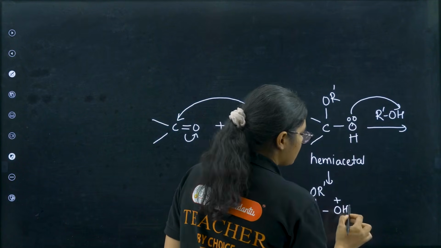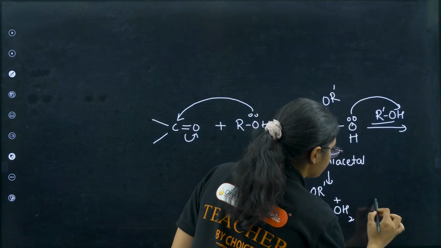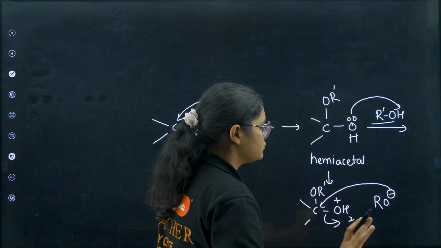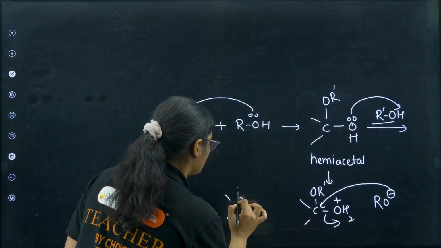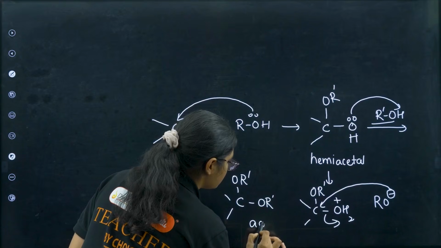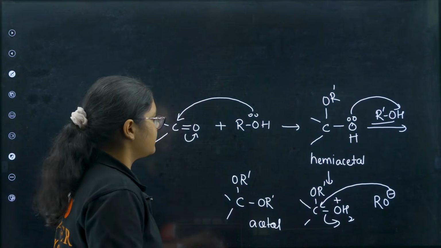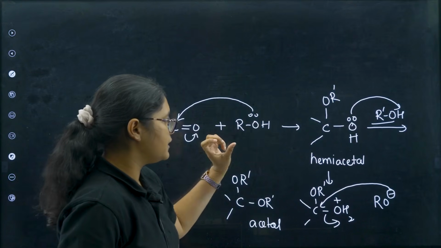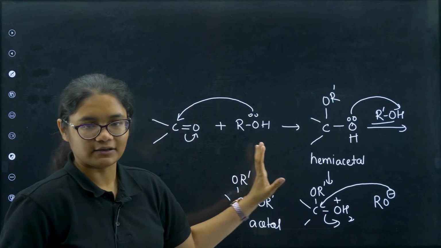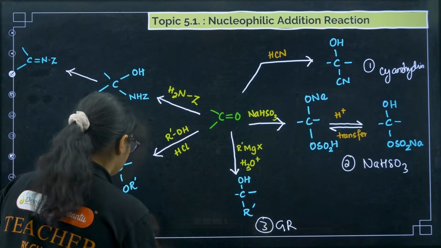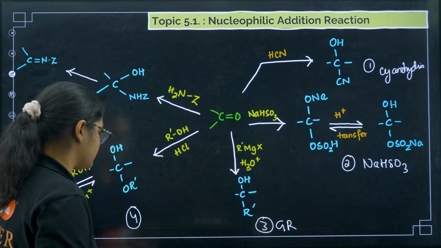Now again, you have this RO minus, this is a nucleophile, it attacks on this one, this O plus H2 leaves. So you get OR dash and OR dash. This compound is called acetal. So when you add excess of alcohol, you get acetal. With one equivalent of alcohol, you get hemiacetal. So this is the fourth one, addition of alcohols.